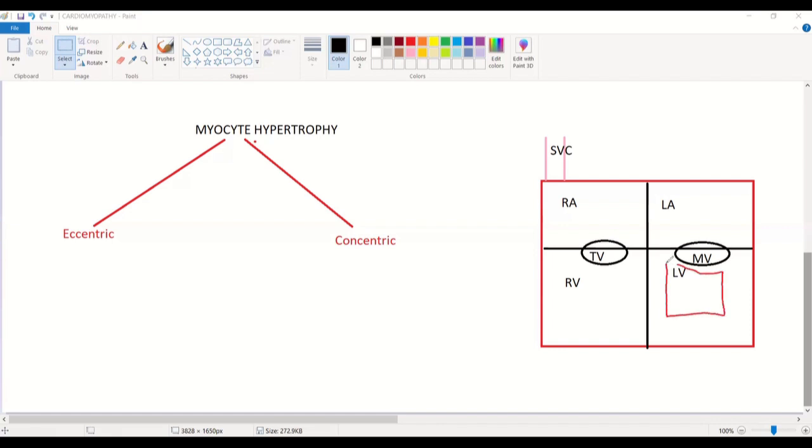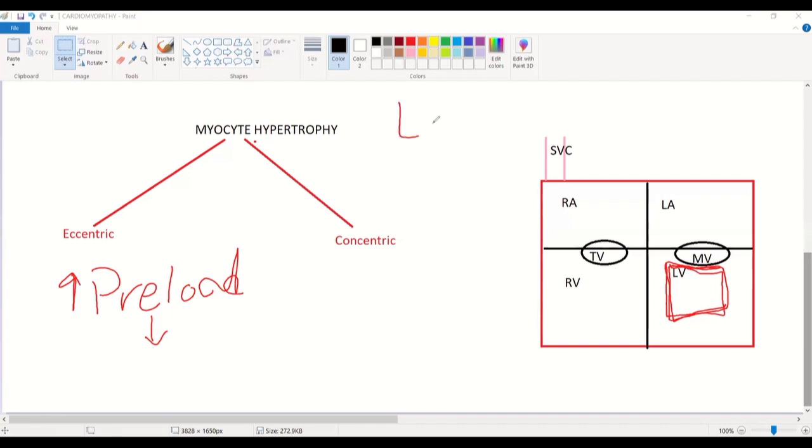The left ventricle cavity size is decreased, right? So to keep this cavity patent or open, you need preload, right? If preload is increased, there is less obstruction, less left ventricle outflow tract obstruction.